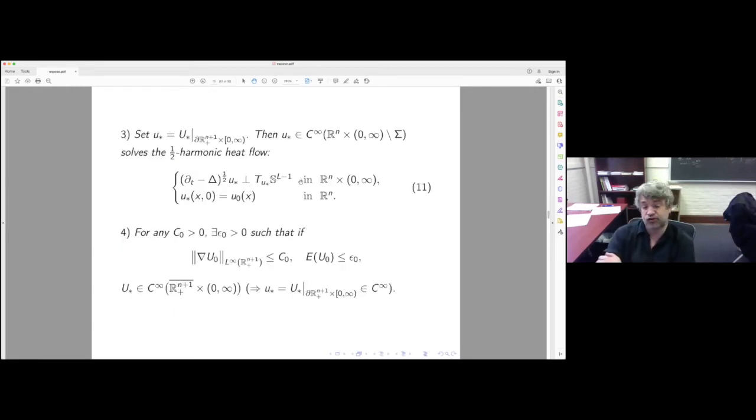And the trace of this, if you look at the flow of harmonic maps, happens to be smooth away from this singular set and satisfying this half harmonic heat flow, or the heat flow of harmonic free boundary, whatever you call it.